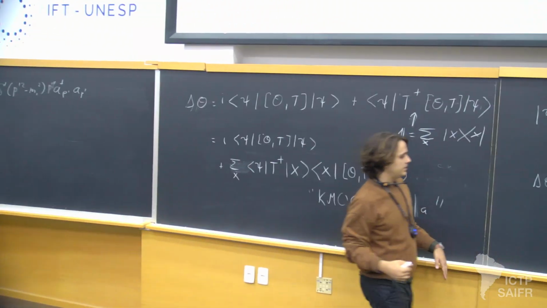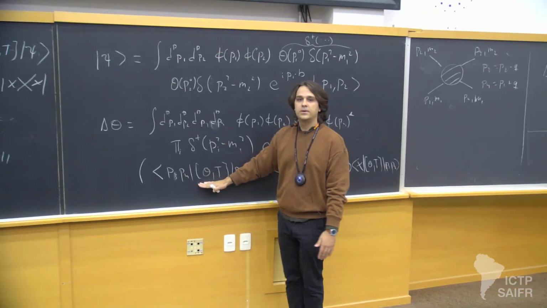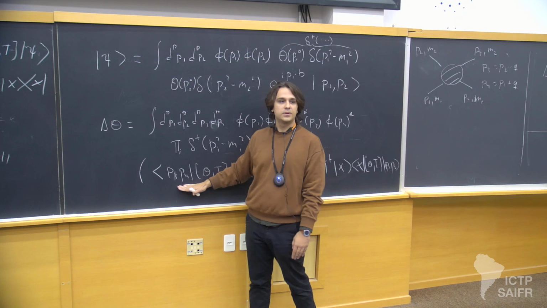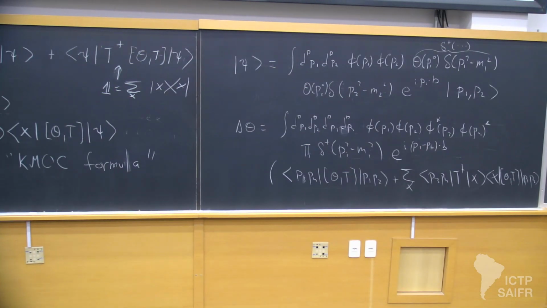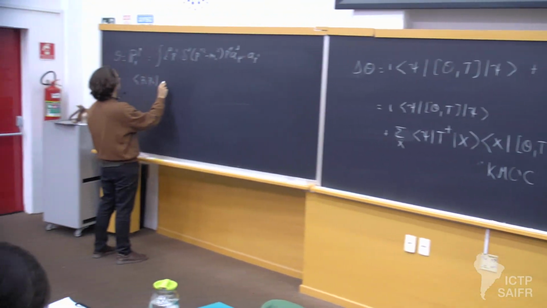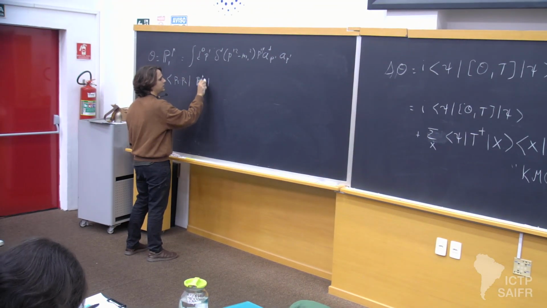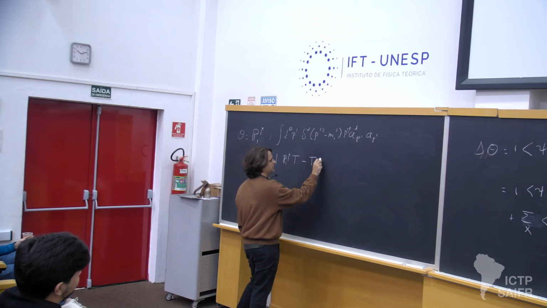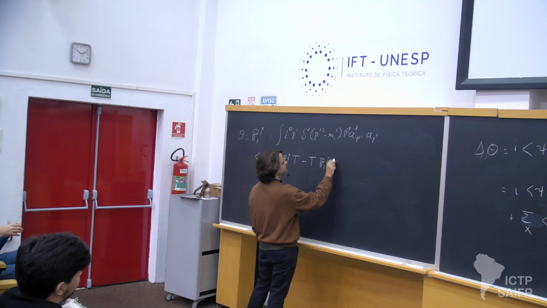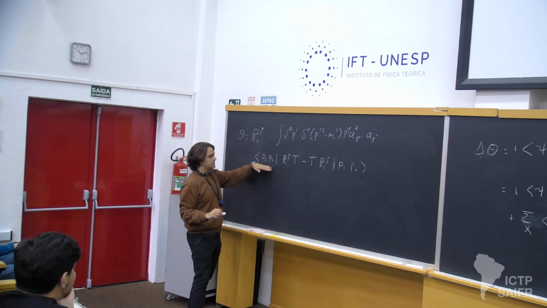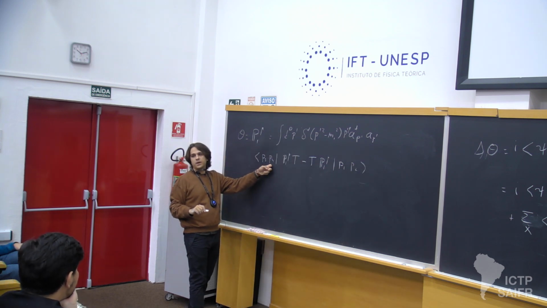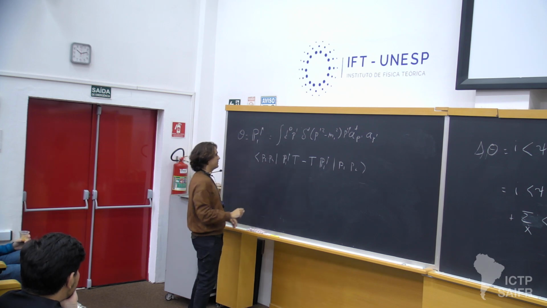So what's going to happen here? If I have p in the commutator, one of them will act on this side. It will act on p4. It will just give me an eigenvalue, right? So let me just do it step by step. So if I have p3, p4, and then I have the commutator of O, which is p1 mu t minus t p1 mu, and p1, p2. Then when it acts on this, because p4 is the momentum of particle 1 in the final state, this will just give me p4, right?